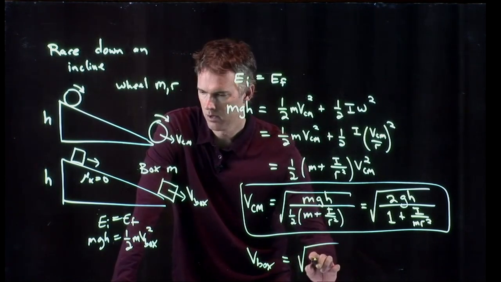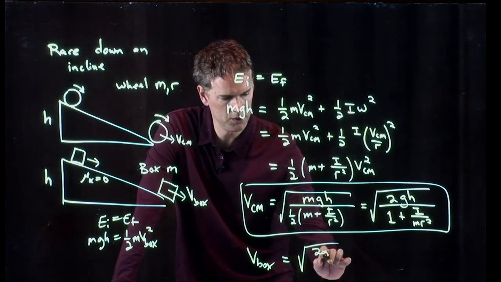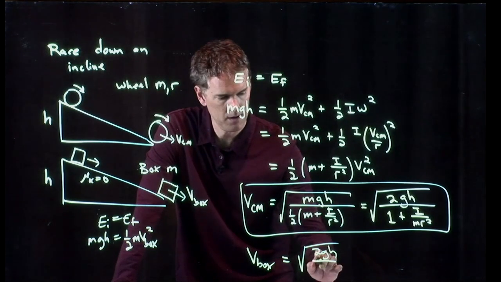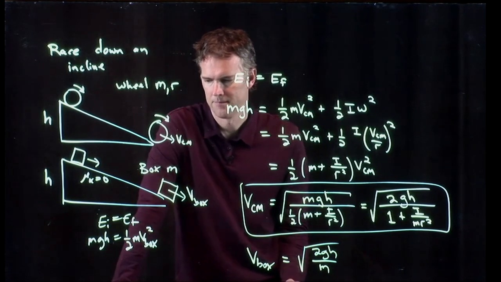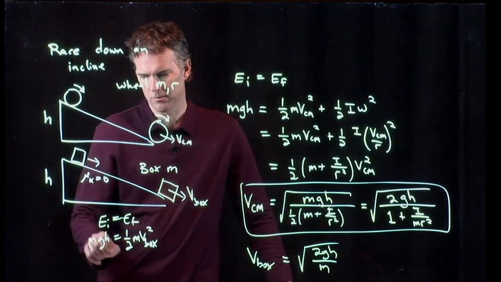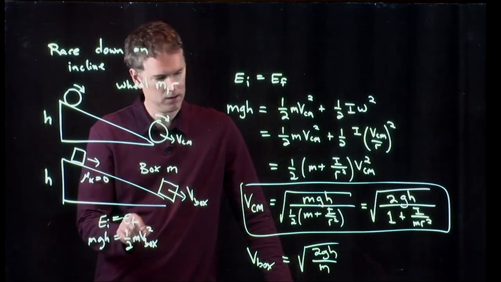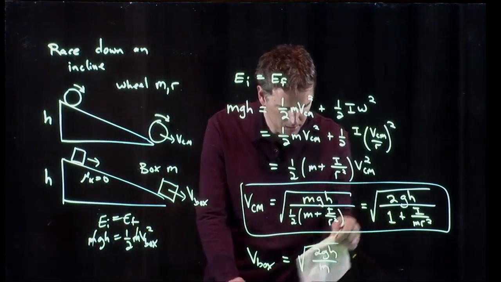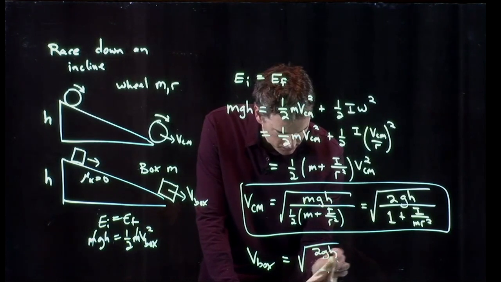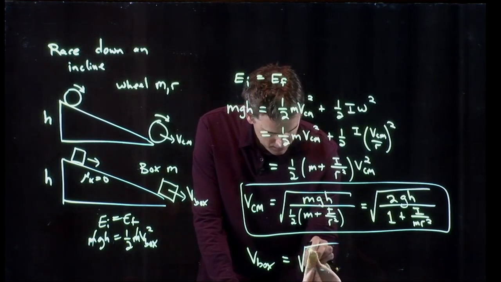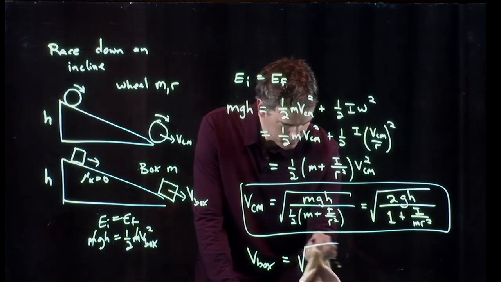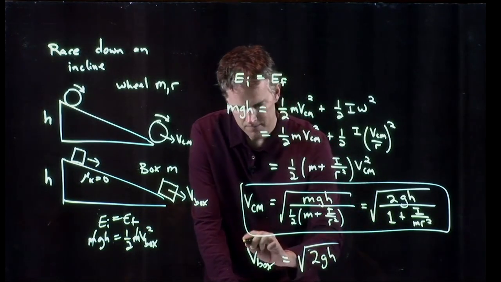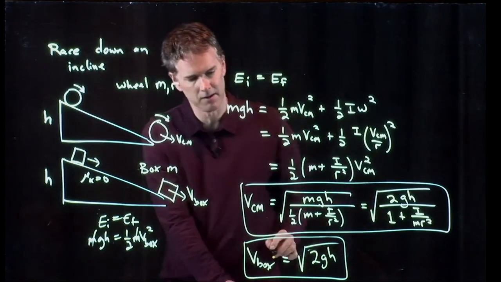Square root of 2gh divided by m. All right, I multiplied across by 2. If we divide out the m's, we don't have the m in the bottom. We just get square root of 2gh. And that's the velocity of the box.